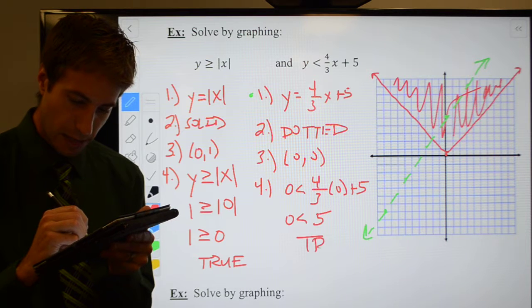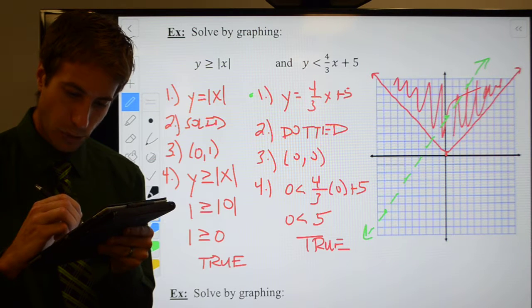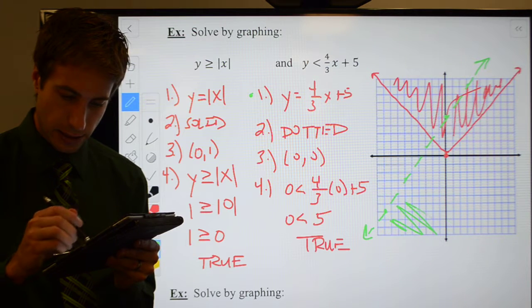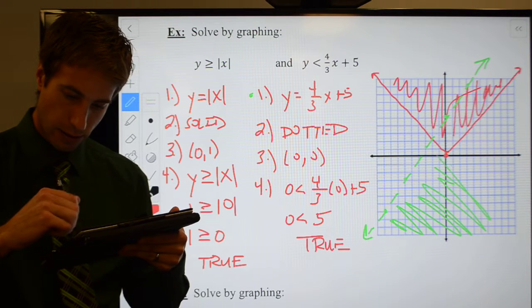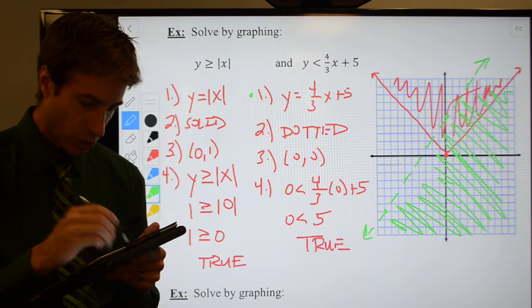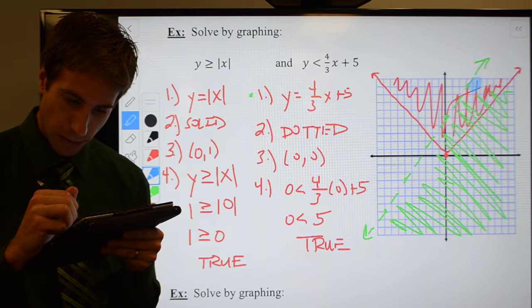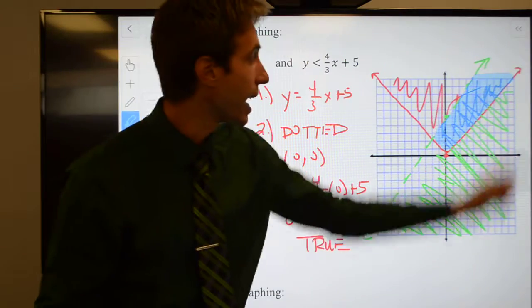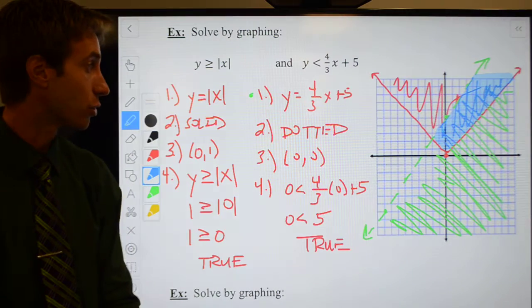That's a true statement as well. My test point was right here at 0, 0, so I would shade everything on this side. And that means my solution region, if I use my highlighter, is everybody right in here. That appears to be where the green and the red overlap, the solution region.